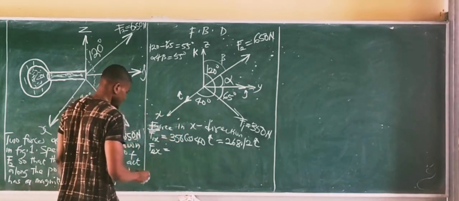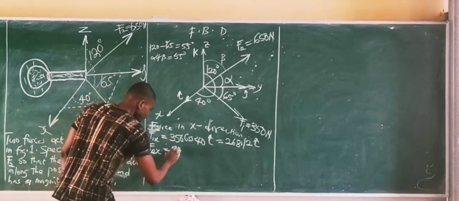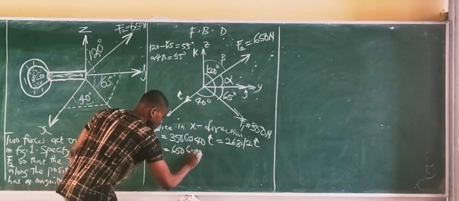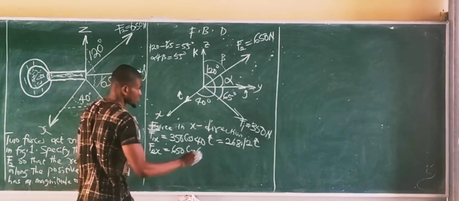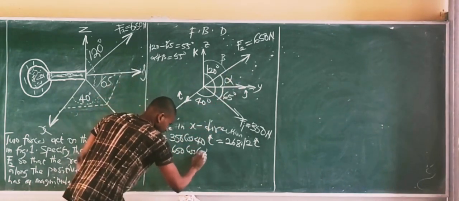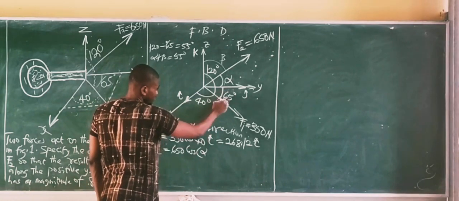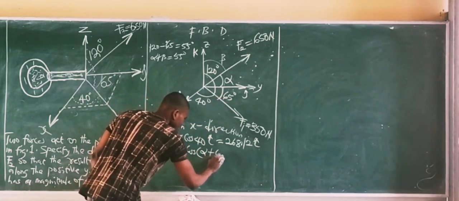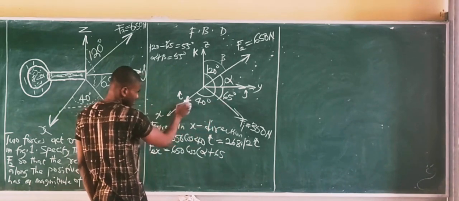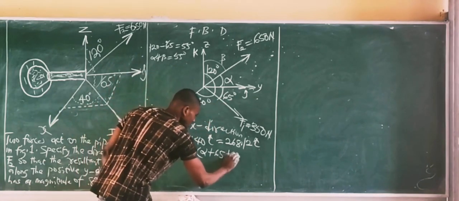So F2x will give us the force, which is 650 times the sine of the angle it passes through. And the angle it passes through: first, you move all the way from here to this point, passing through alpha, and then you move from this point to this side, plus 65 degrees, and also from here to this point, plus 40 degrees.